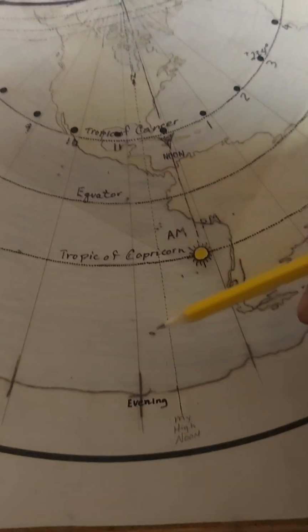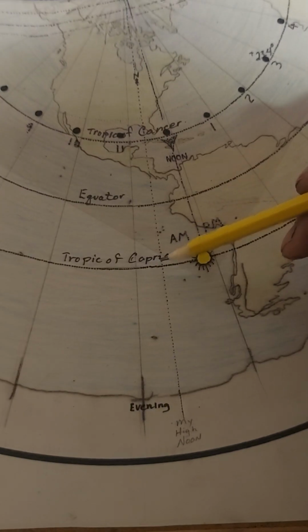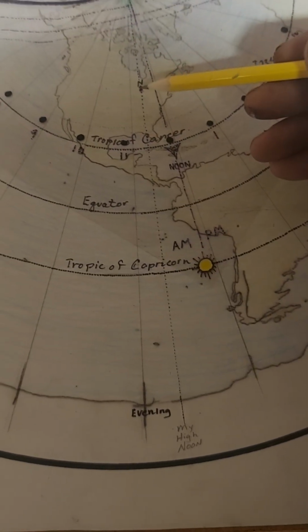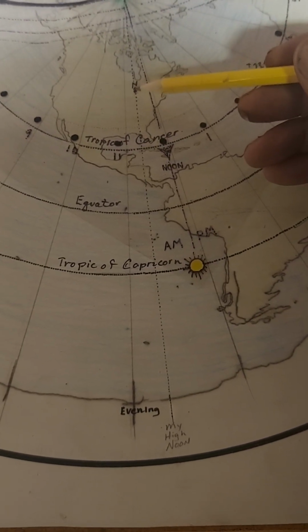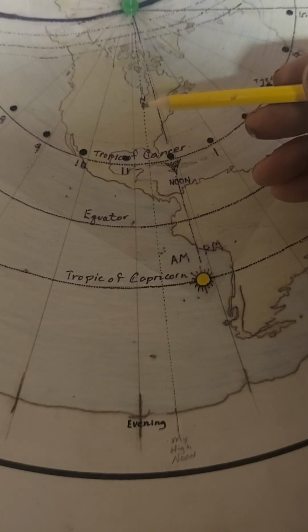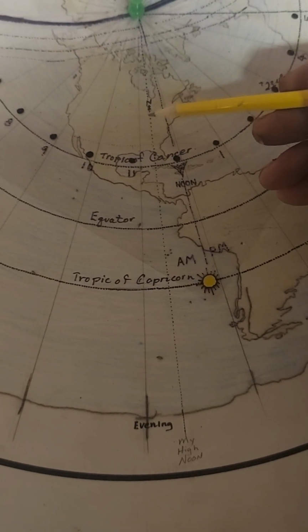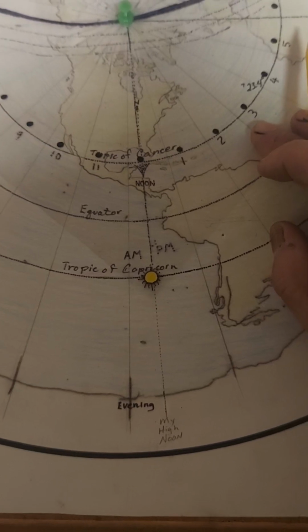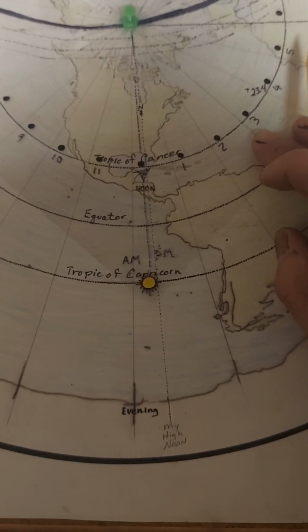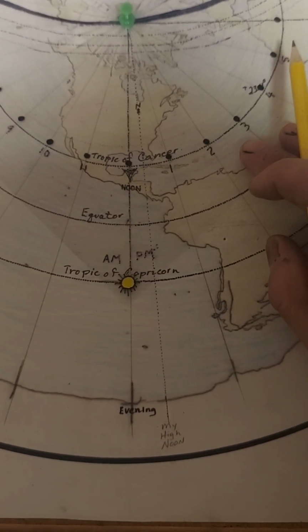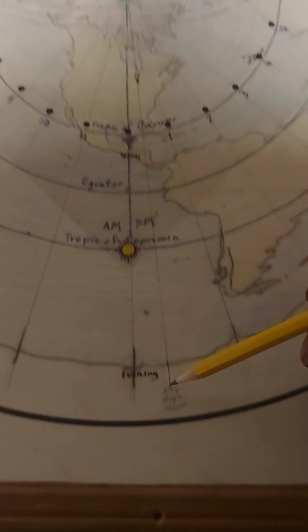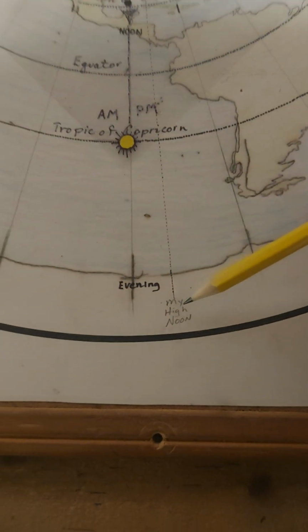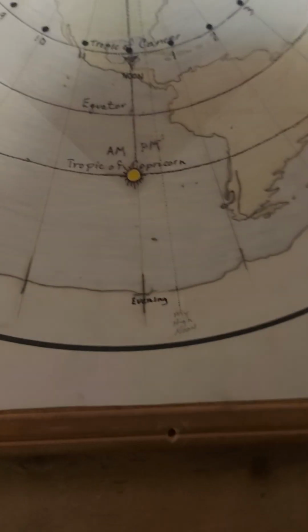See this line? That's when the sun is closest to me. This is where I am. So I have to point my compass north. But when it passes this, that's when the sun's closest to me. Then it goes past it. Everybody has one. This is my high noon. That's what I refer to as my high noon.